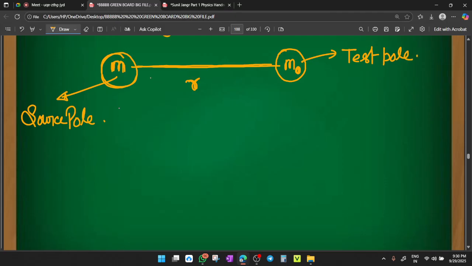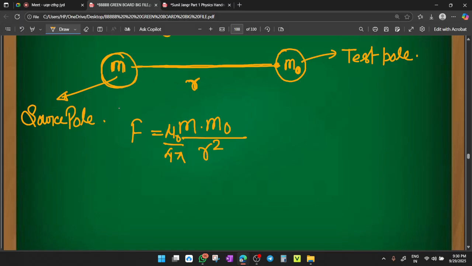Now if they are kept at a distance r, then the amount of force acting on M naught, actually both will realize the same force, and it is given by F equals mu naught upon 4 pi times m m naught upon r square. Clear? Previously it was m1 m2 upon r square.